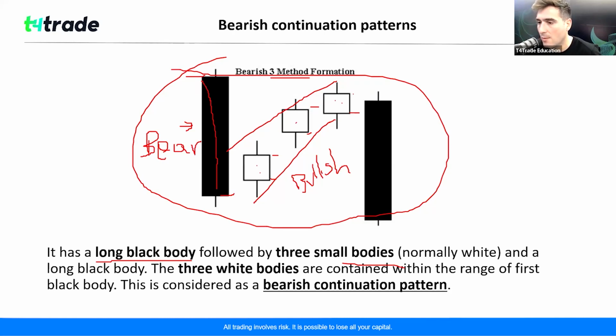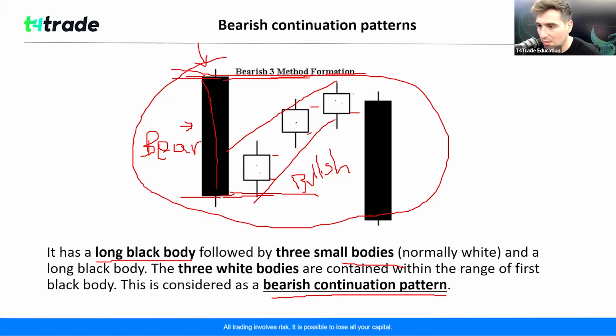1, 2, 3. But look at this, they do not exceed the first bearish candle's range. So they are trading within it, okay, if you like, within the open and the close levels of this kind of candle, okay. This is what we call the bearish three method formation, which is bearish, okay, and it's a bearish continuation pattern, okay.